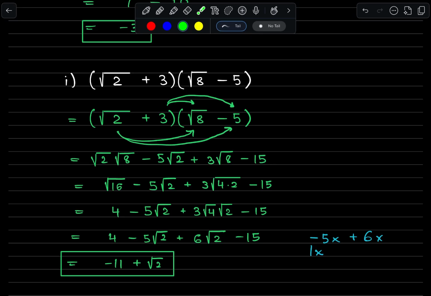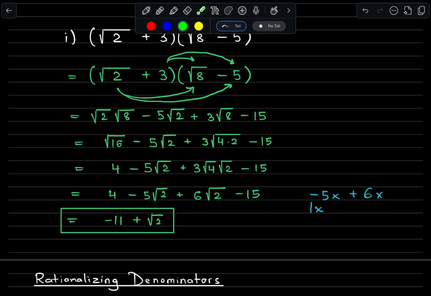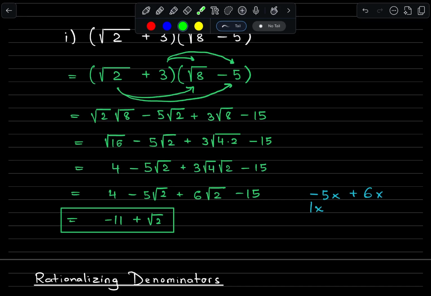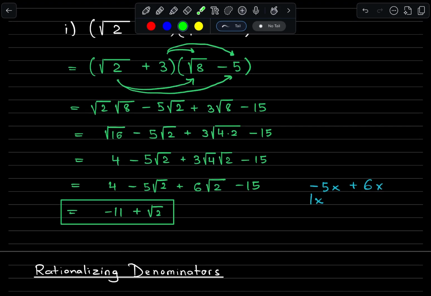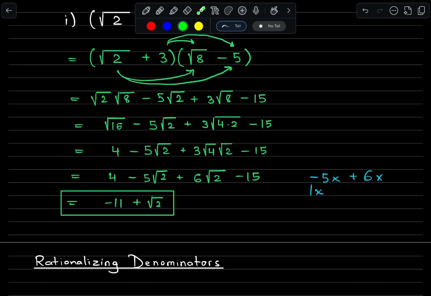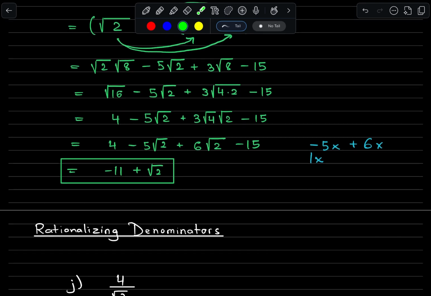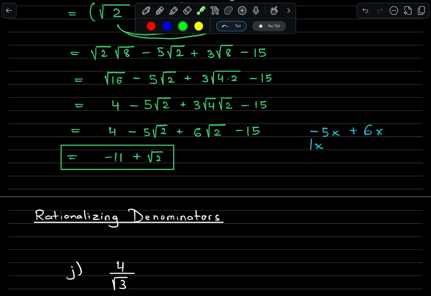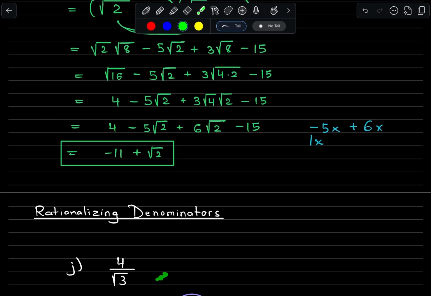Now, let's think about, for our last section, rationalizing denominators. So this is the idea of turning this denominator into a rational number, right, when it's not. So we don't like having square roots or cube roots or radicals of any kind in a denominator.